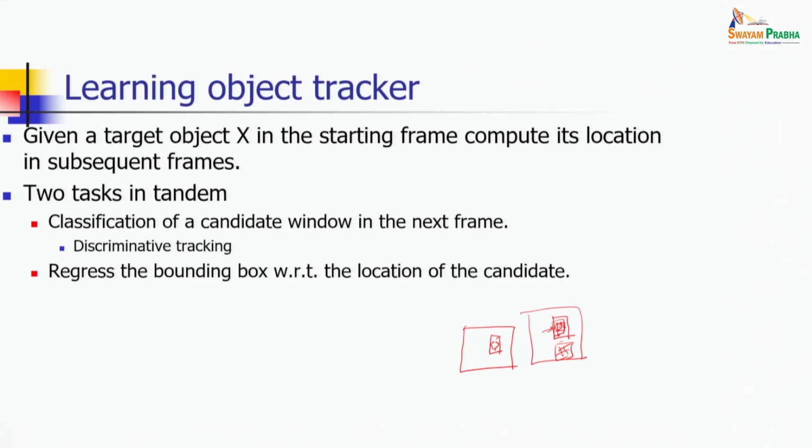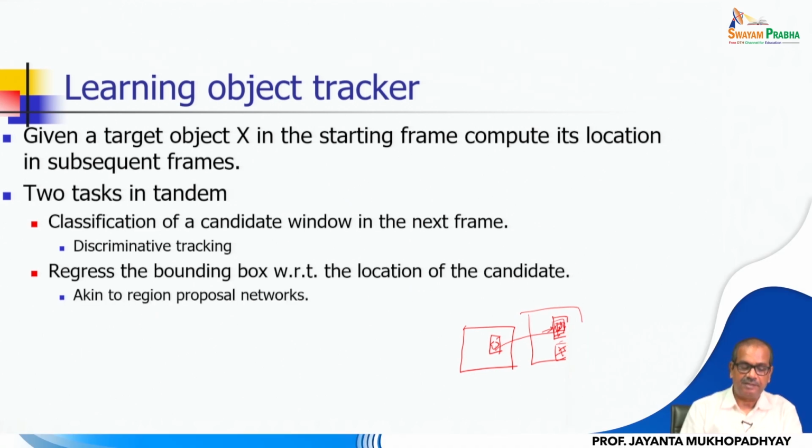That means we have to predict the positions of the bounding box with respect to the location of the object. Once you classify, you roughly know the location; then, with respect to the center location of the object, what is the bounding box? It is akin to region proposal networks, or the concepts we discussed during deep visual learning of images, when object localization was considered.